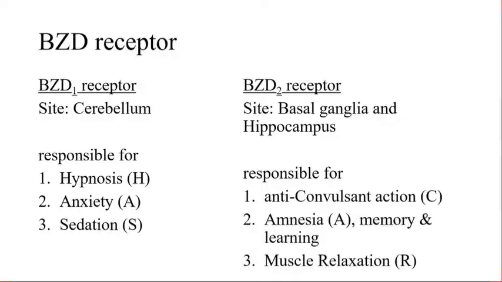One is BZ1, present in the cerebellum, which is responsible for hypnosis, anxiety, and sedation. Then we have the BZ2 receptor, present in the basal ganglia and hippocampus, which is responsible for anticonvulsant action, amnesia, and muscle relaxant action. So if you use a BZ1 specific drug, you will produce anxiety relief, sedation, and hypnosis. But if you want amnestic or anticonvulsant action, you will have to stick with the BZ2 receptor.